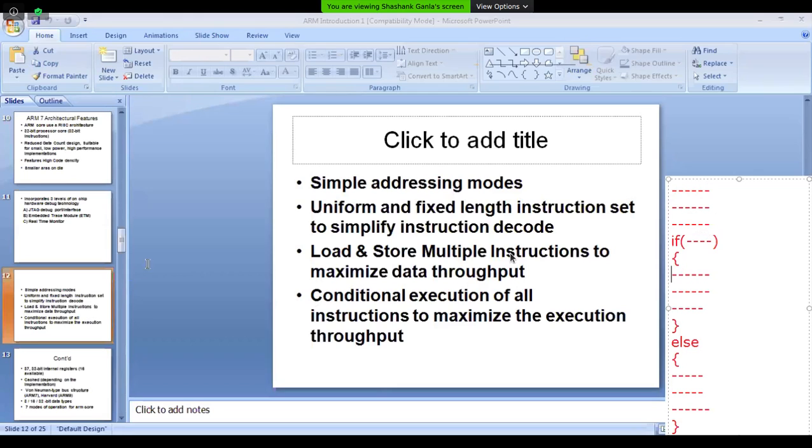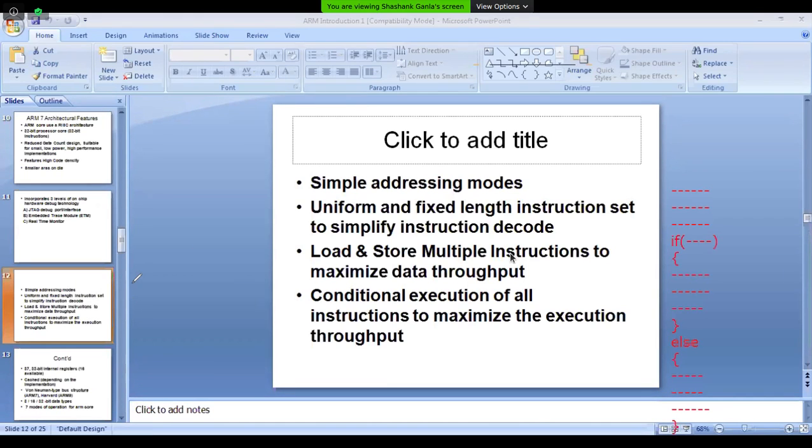So if we consider a three-stage pipeline, this is the fetch state, this is the decode state, and this is the execute state. Fetch means fetching instructions from the memory.